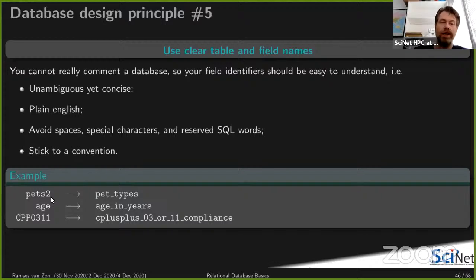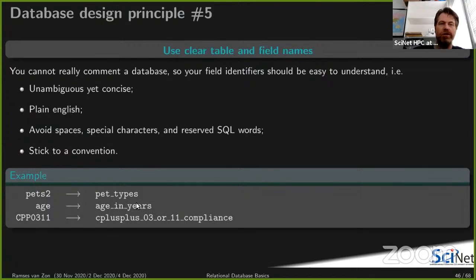It was a table of types of pets. So a better name would have been pet types. Even the age was somewhat ambiguous because was that days, months, years. So if this matters and if it's not entirely clear from the context, you could encode that in the name. You could say it's the age in years.